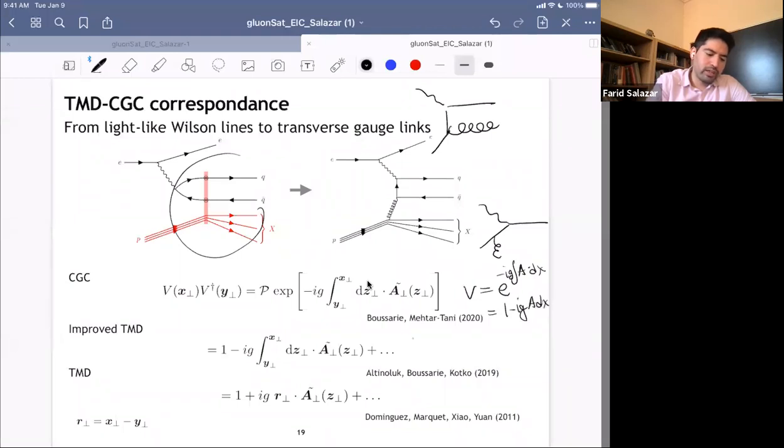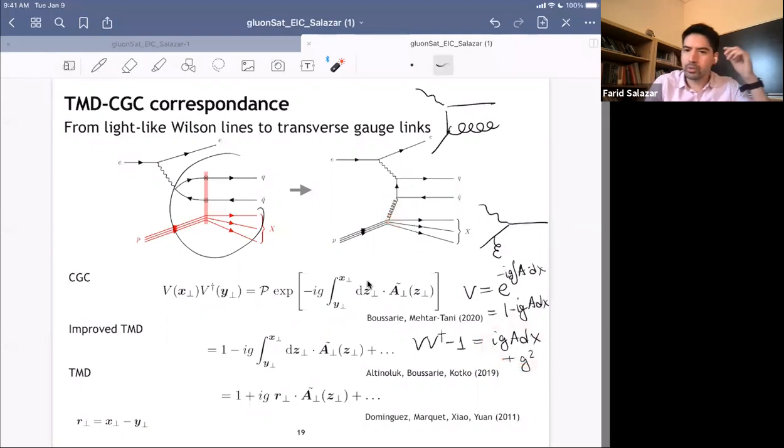And so if I have VV dagger minus 1, you're going to have this igA dx, and then some corrections which come at higher orders. And then this really is the scattering with the gluon. That's how we make the connection with TMDs, right?